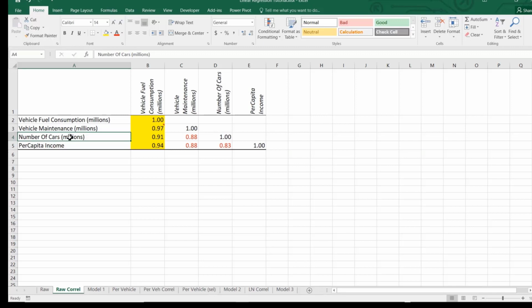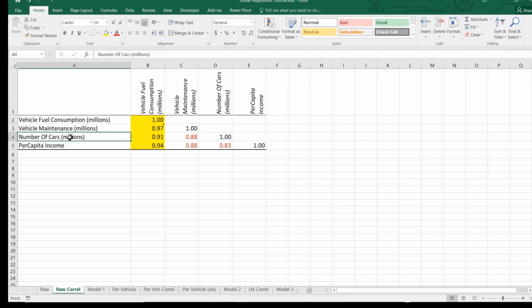So number of cars has a correlation of 0.88 with vehicle maintenance. In other words, you cannot include number of cars and vehicle maintenance as a predictor. So how can we still consider those two predictors? A very simple trick is to do some transformation. Vehicle maintenance is the total amount spent in each city on vehicle maintenance in millions of reais, the currency in Brazil.